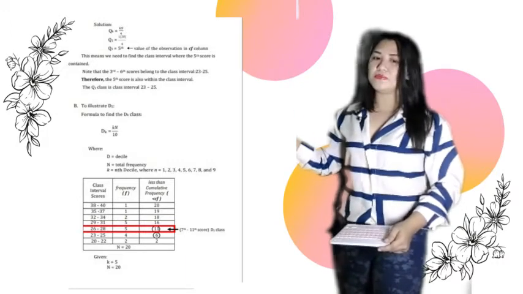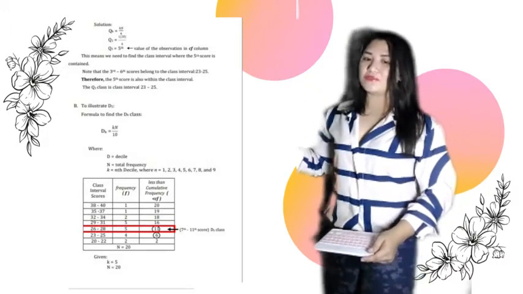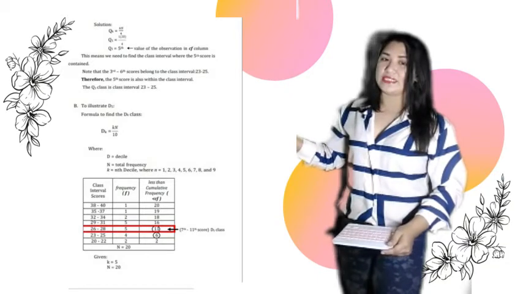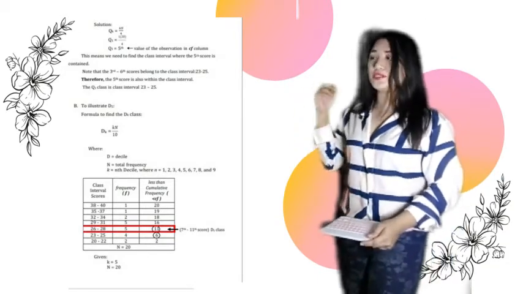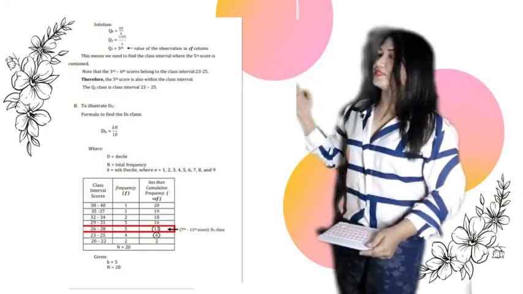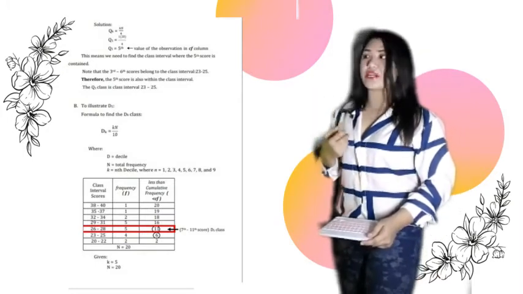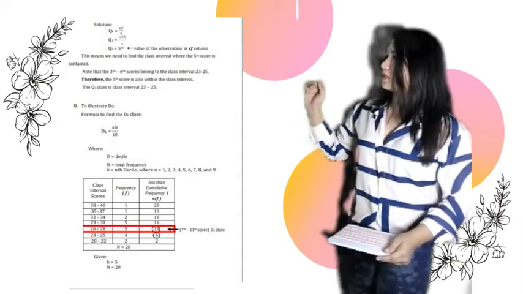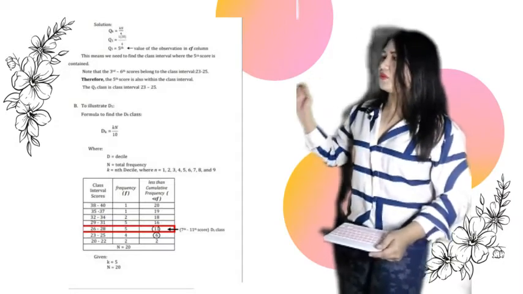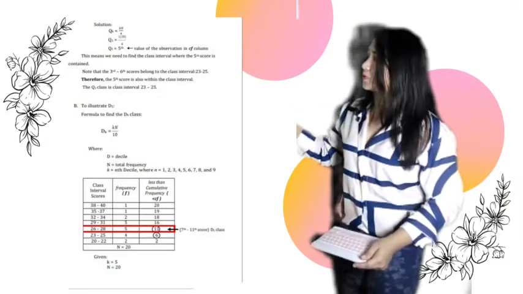So the fifth value of the observation. What does it mean? This means that we need to find the class interval where the fifth score is contained. Note that the 3rd to 6th scores belong to the class interval 32.